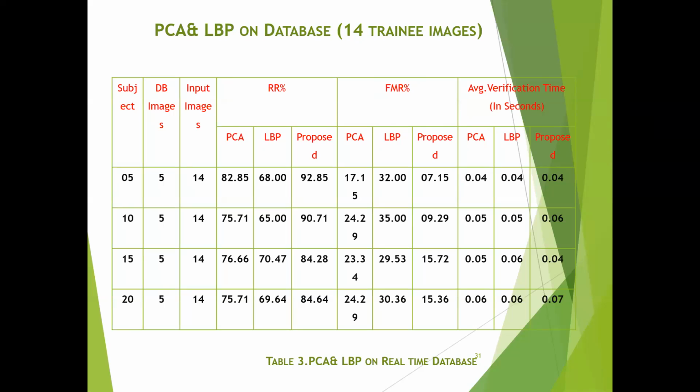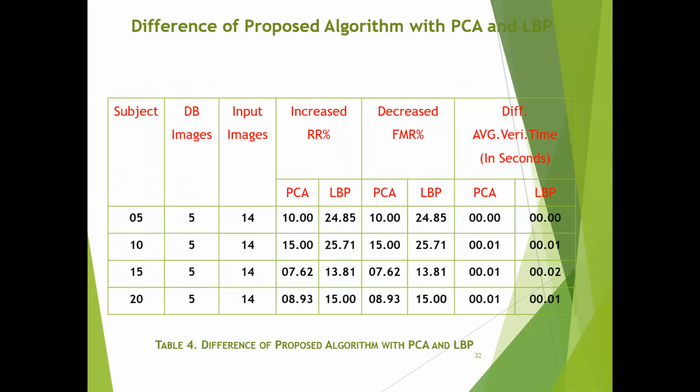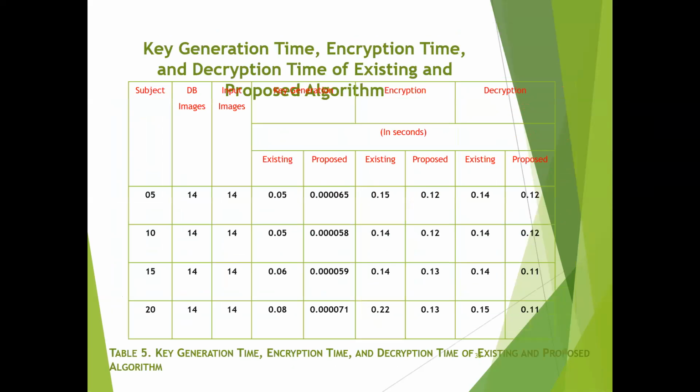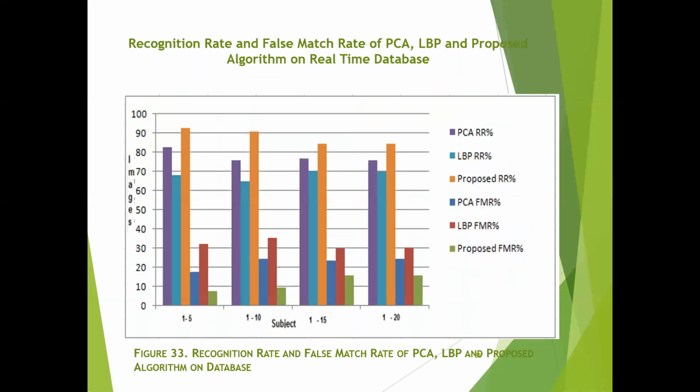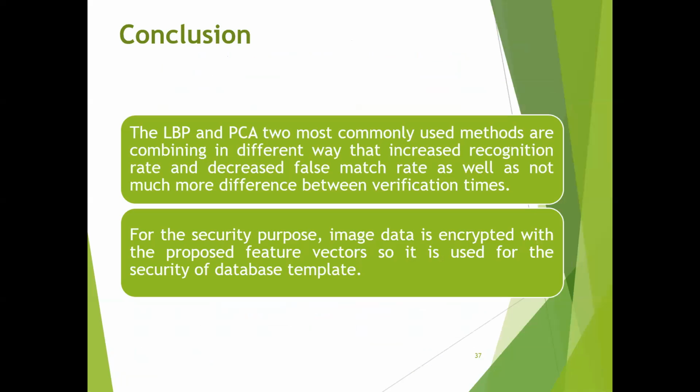In PCA, the false match rate is 70%, then LBP has 32%, while our false match rate is decreased to 7%. Okay. So here you can see the different readings of our algorithms, right? This is the same thing in the form of a graph, right?